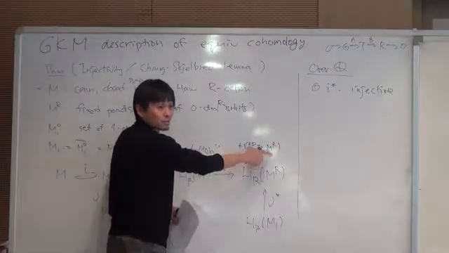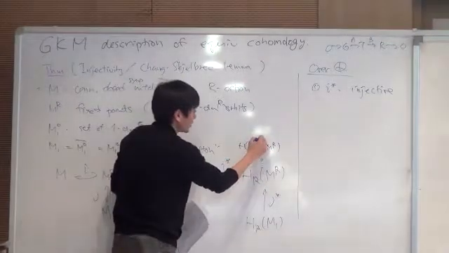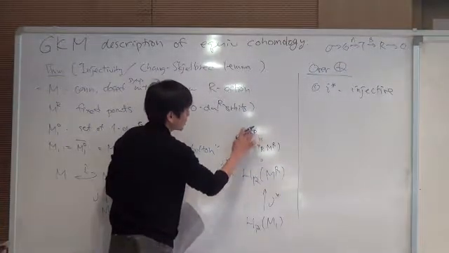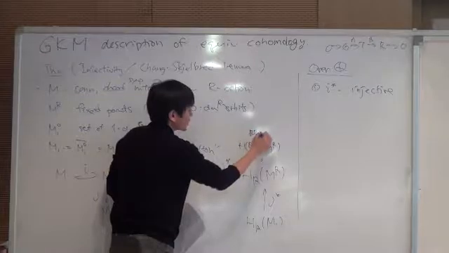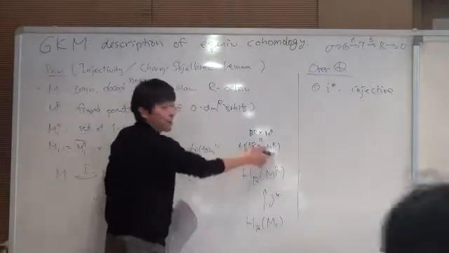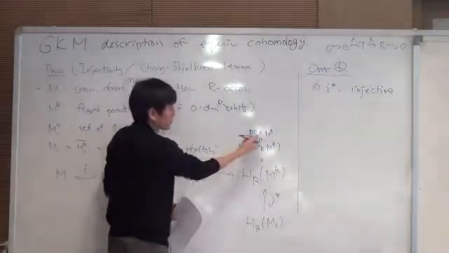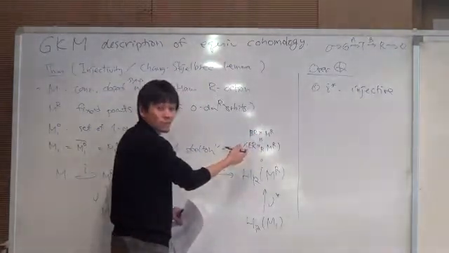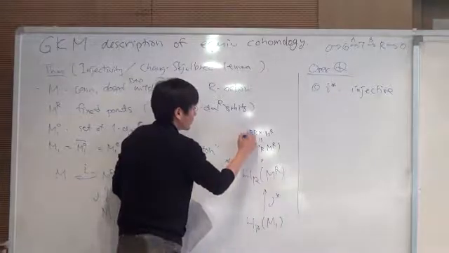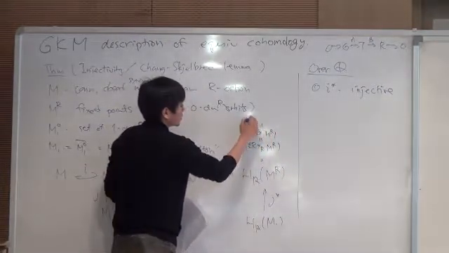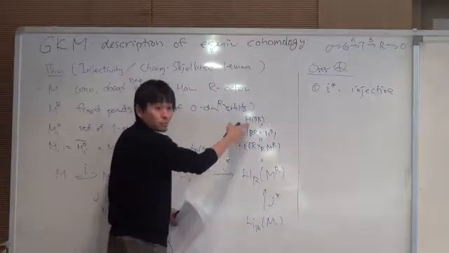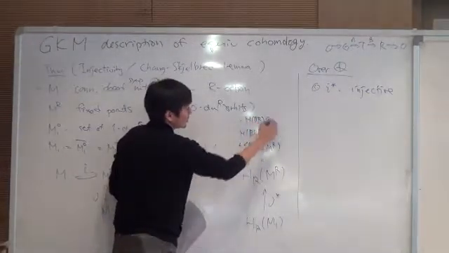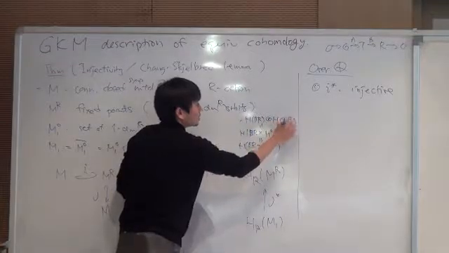But R acts on the fixed points trivially, so this is canonically isomorphic to BR cross M^R. R doesn't act on the fixed points, so it's just the classifying space cross the fixed points. So applying the Künneth formula, this is equal to H of BR, which is the polynomial ring, tensor the cohomology of the fixed points.